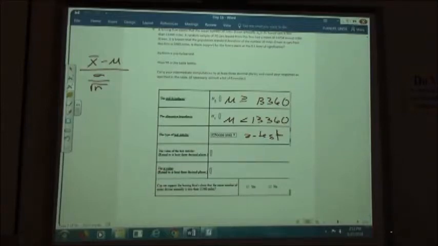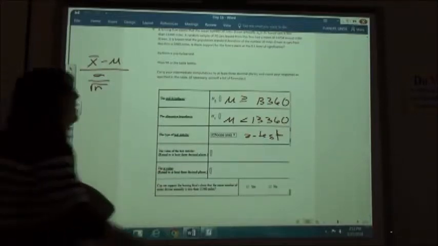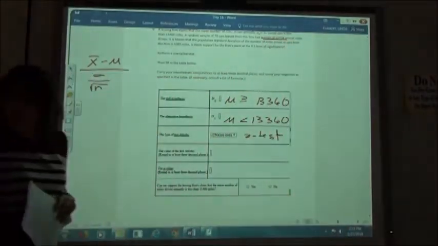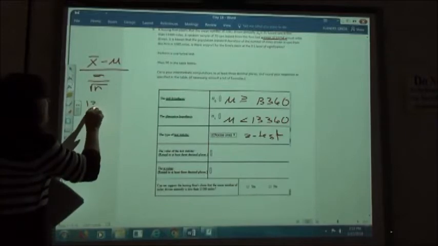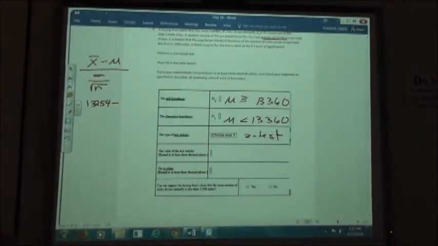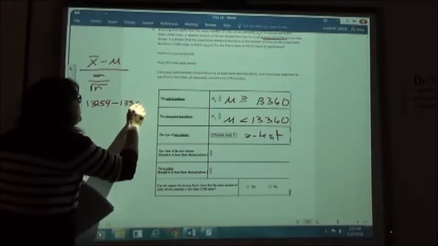Keep reading that sentence. Is it the 13,200? Ah, there it is. The sample has a mean of 13,254, right? We're going to subtract the given mean, or at least the claim of the mean. The mean is 1,360 there.